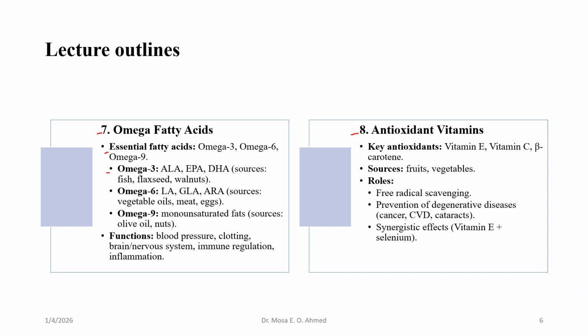The main sources of omega-3 fatty acids include fish, flaxseed, and walnut, while omega-6 fatty acids occur in all vegetable oils besides meat and eggs.